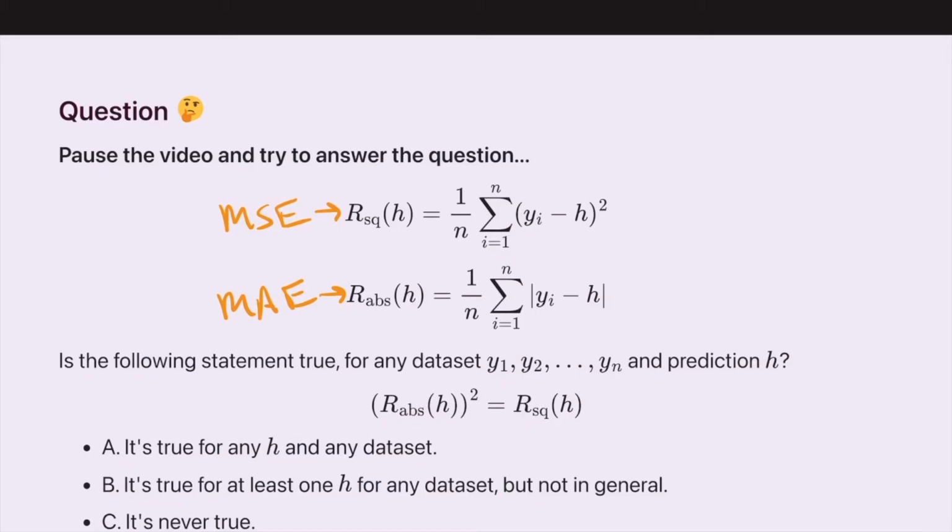Either that's true for any prediction for any data set, or it's sometimes true, or true for some cases but in general it's not, or there's never a case where we can say this is true. So go ahead and pause the video and think about it a little bit, and we'll come back and think through the answer.